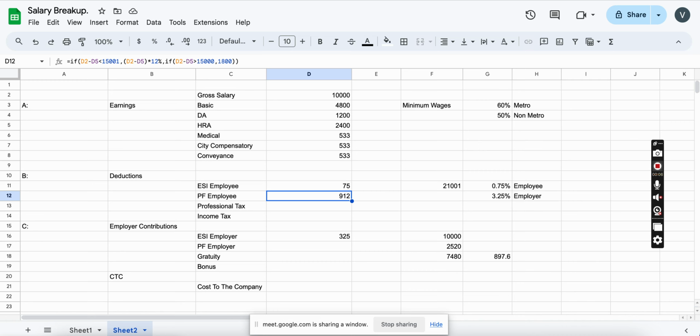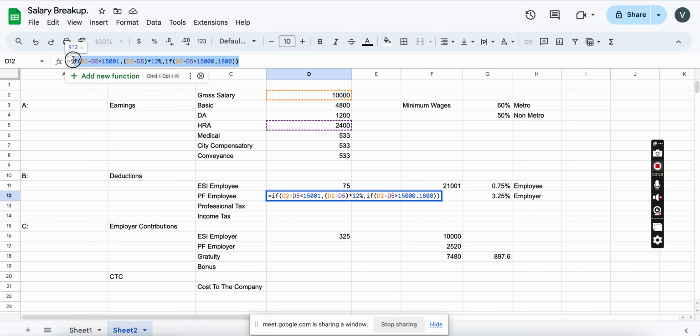You got it? Yeah, understood. So this is how PF is calculated, and don't be confused, because here I have kept HRA as 2,520 and there HRA is 2,400. That's why 912 and 897 have a difference. Okay, so clear? Yeah, clear.